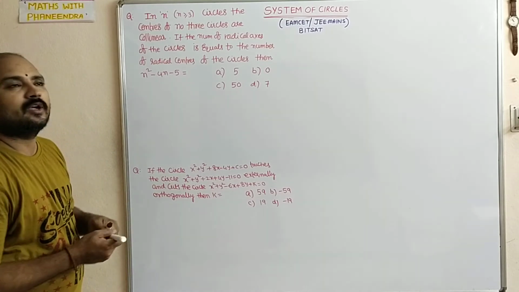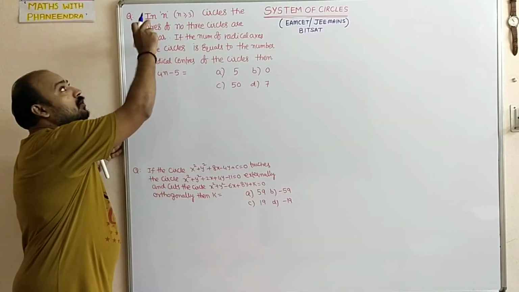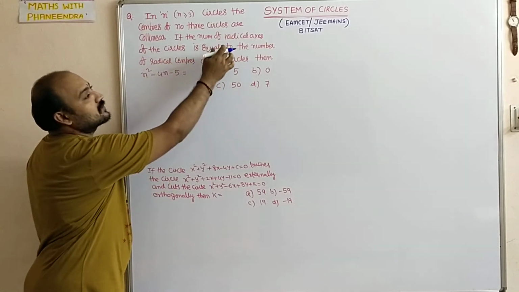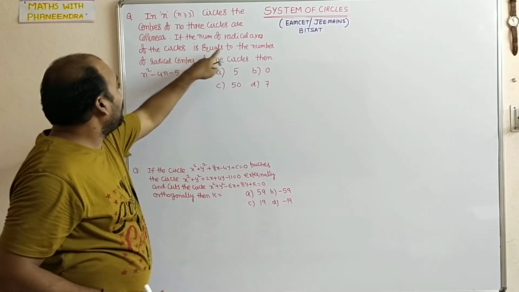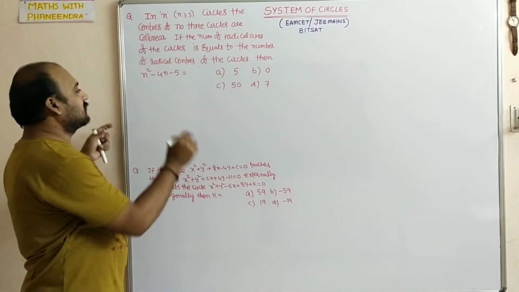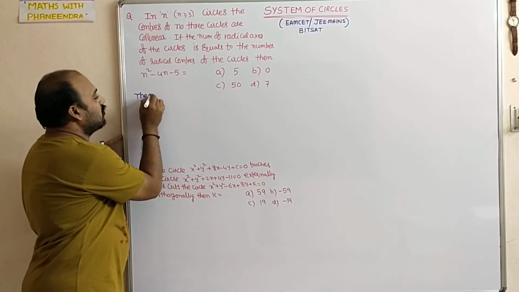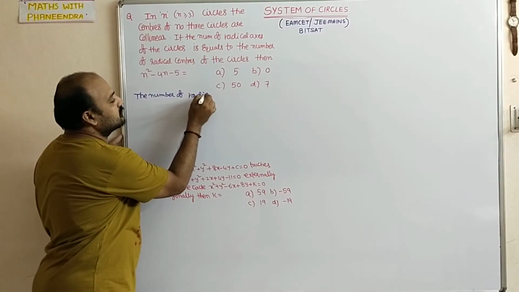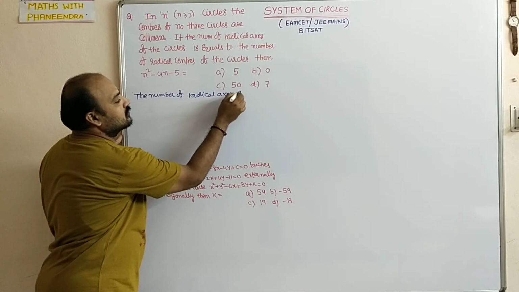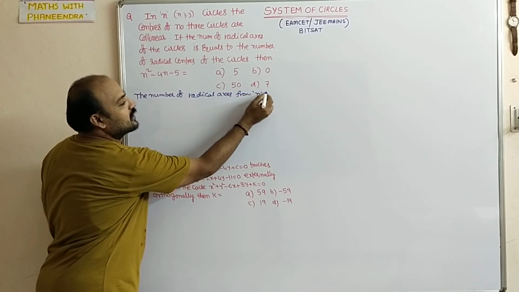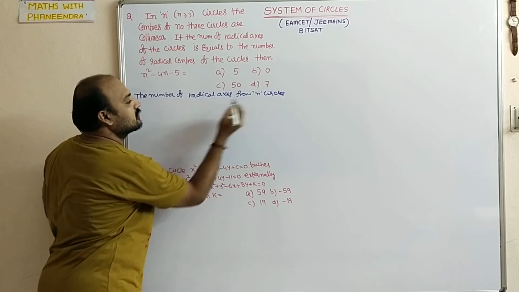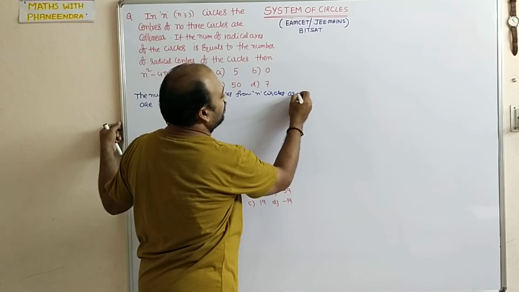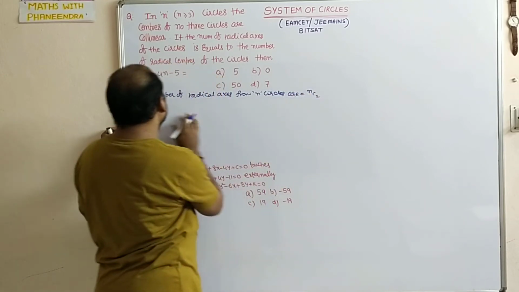Here we have to know some information: the number of radical axes from n circles.